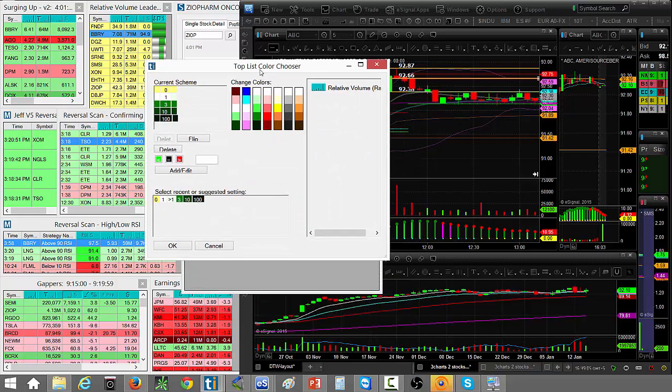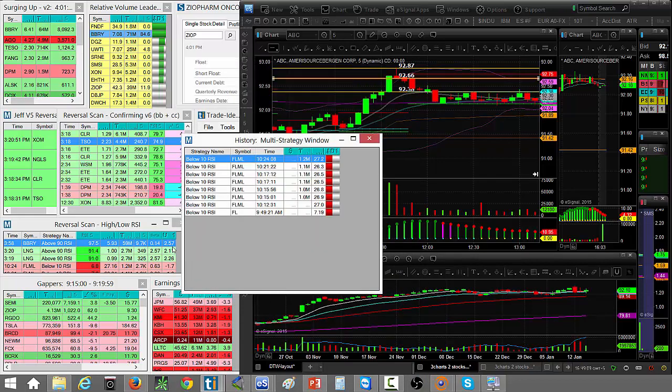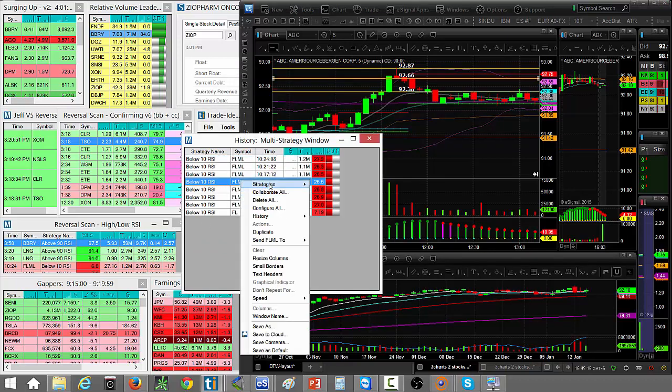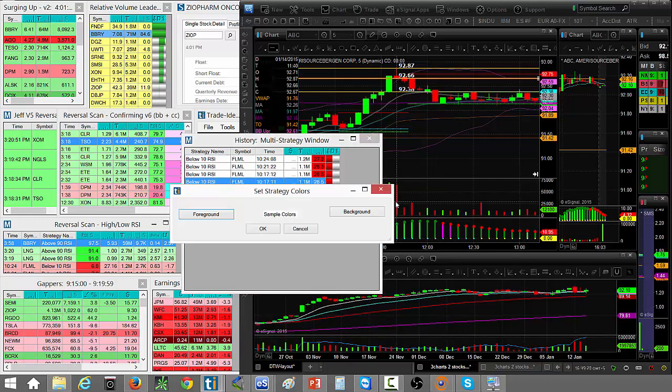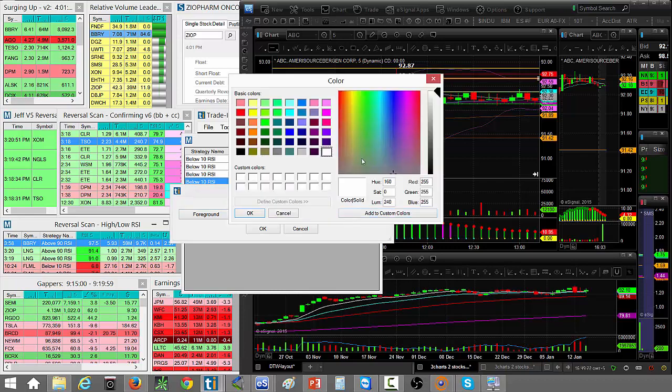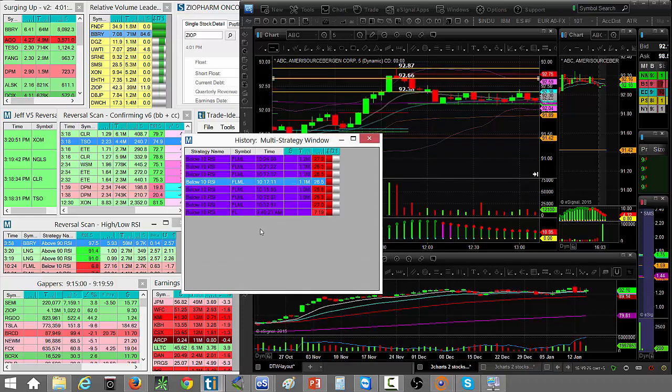Then you've got your color chooser here, and you can choose which colors you want, and then click OK. And it's going to color it. Now if you want to color all of them, you right-click, go to Strategies, go to the below 10 RSI, whatever the name is, click Colors. Let's say the background, I want it to be this purple color. It's going to be purple.